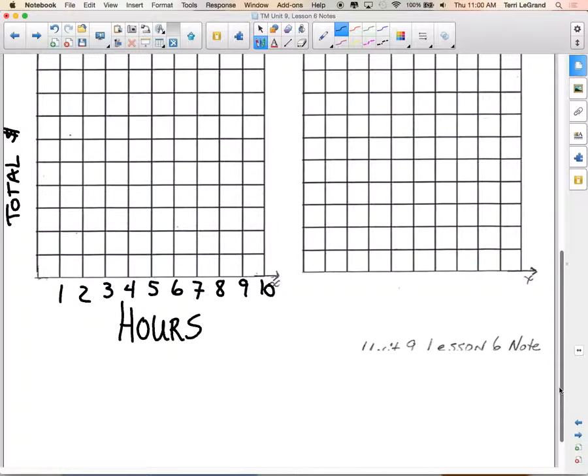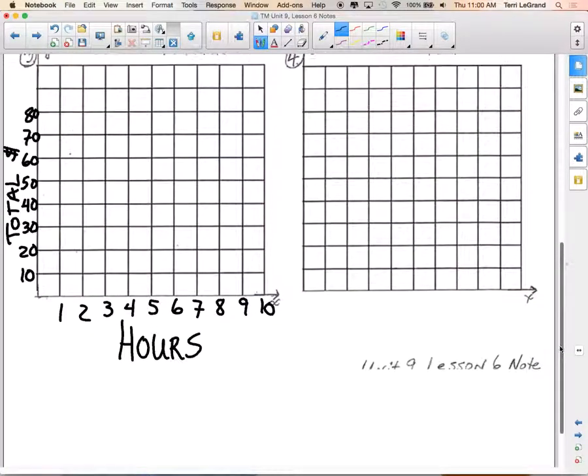Tens. And once we pick it, every grid line has to represent $10. So we go up by tens, all the way to the top, so that if we want to use this graph, we don't have to count while we're doing it.